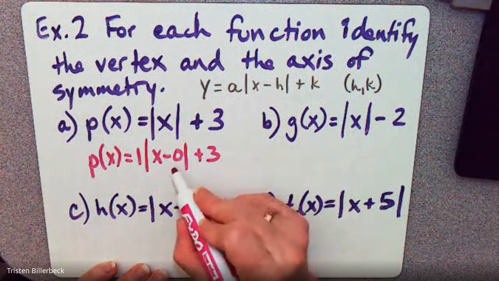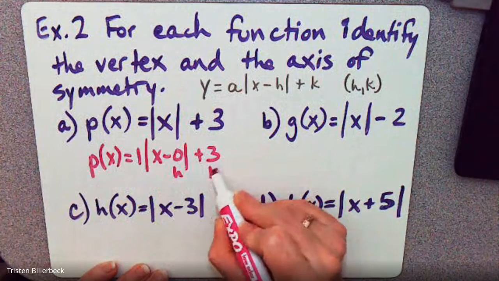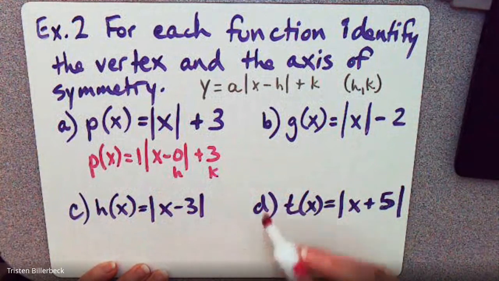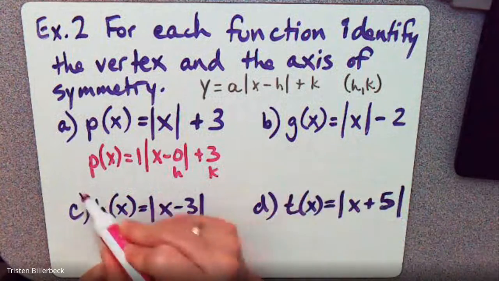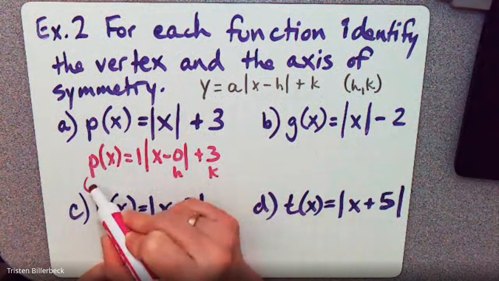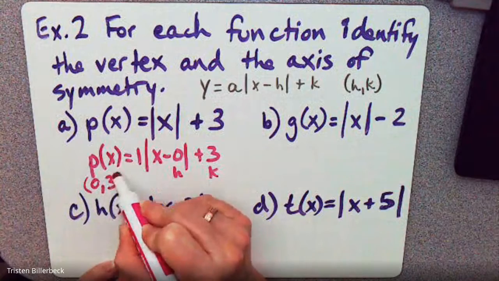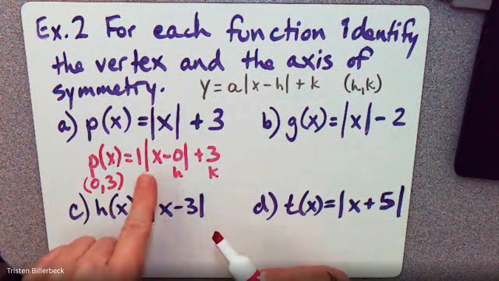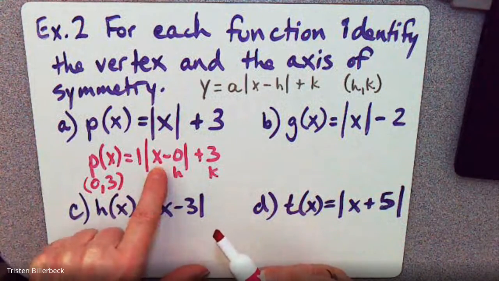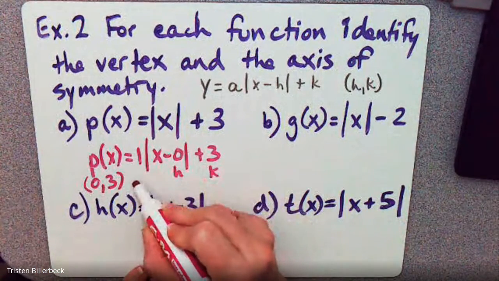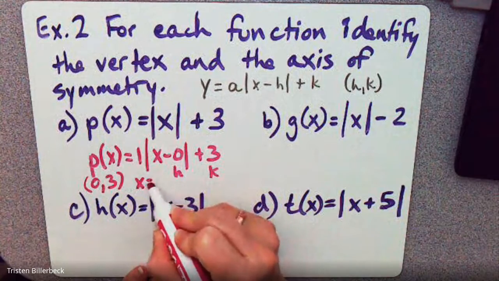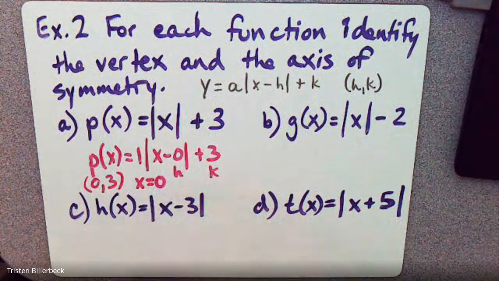So our h is right here, and our k is right here. So our vertex for this would be at 0, 3, and our axis of symmetry is a vertical line going through h. So h is 0, so it's x equals 0.